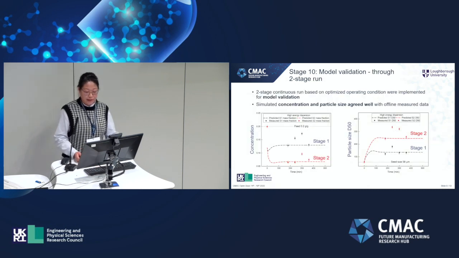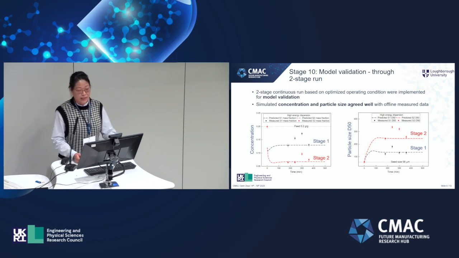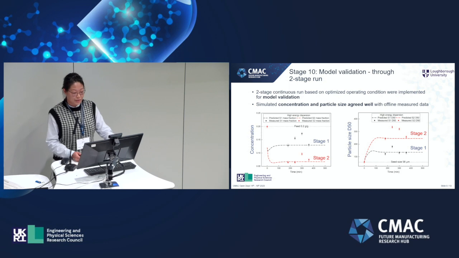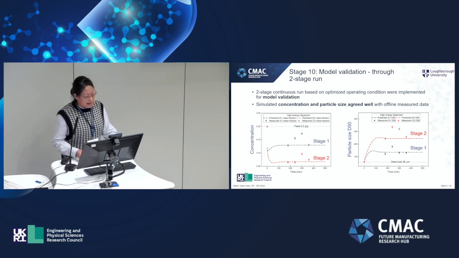And then finally, we implemented this complete set of size mechanisms in the continuous two-stage validation with the presence of the agglomeration model. On the left-hand side is the concentration of the two-stage, and the right-hand side is the median size for the two-stage.